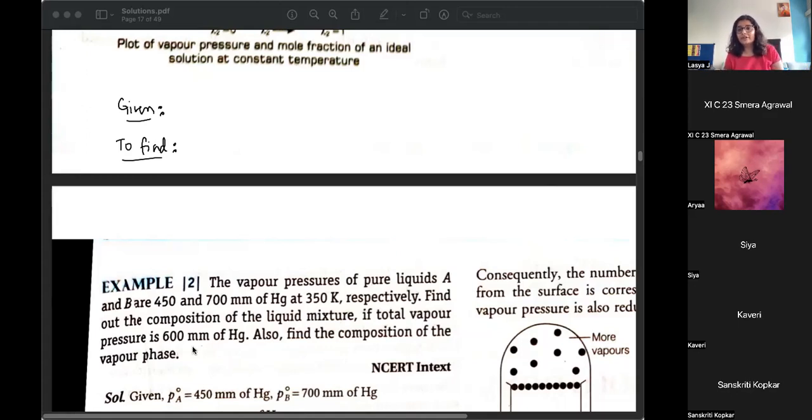Try it out if you can, otherwise I'll do it here. Sia also got it. Smera, Sia, both of you got the same answers. That's right, guys got the right answer.